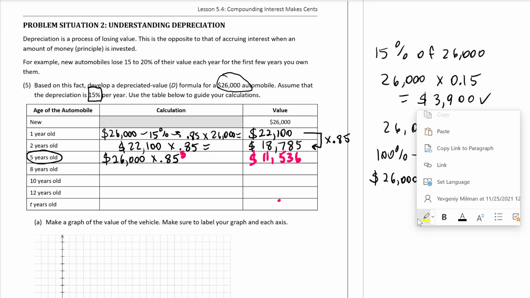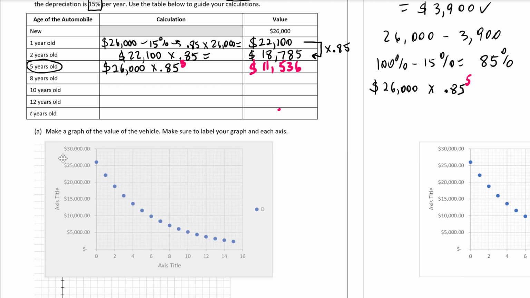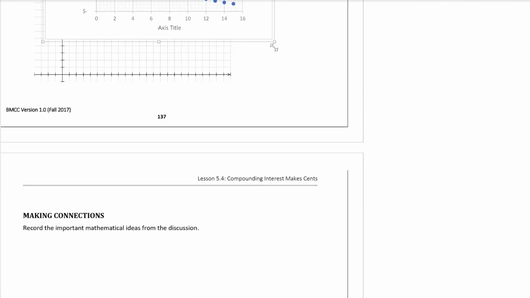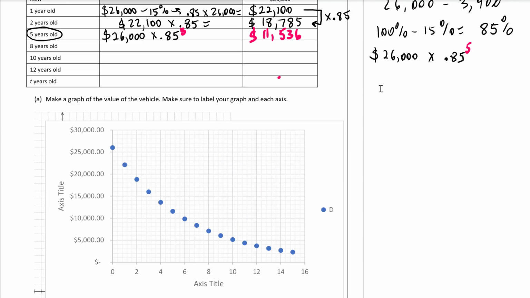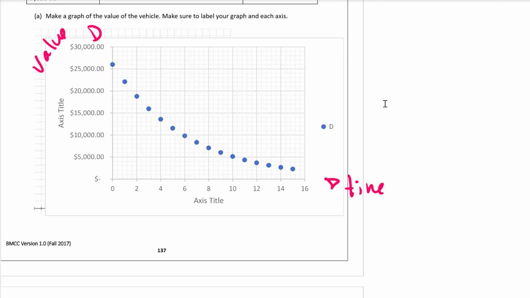Here we go. Let me paste this. All right. So this one gives us the time, and this gives us the value of the car. I think they use letter D for that.